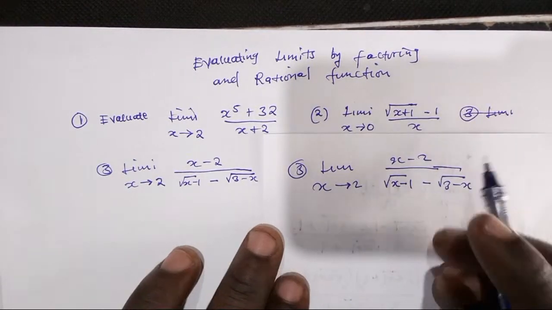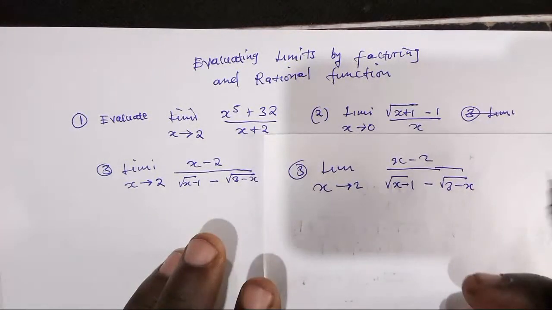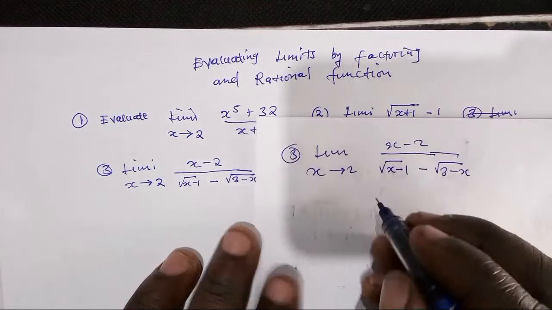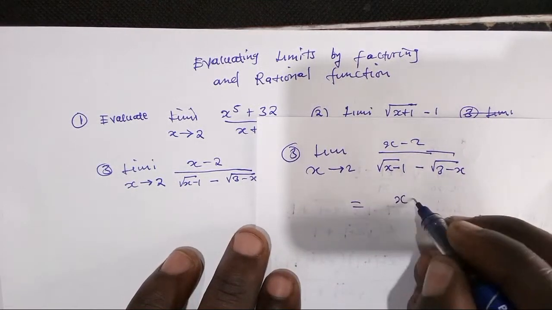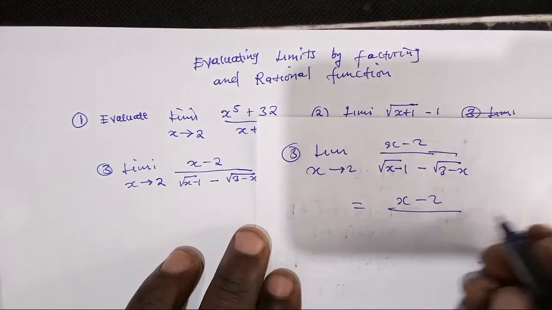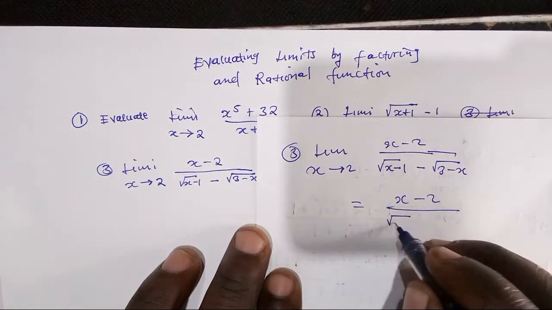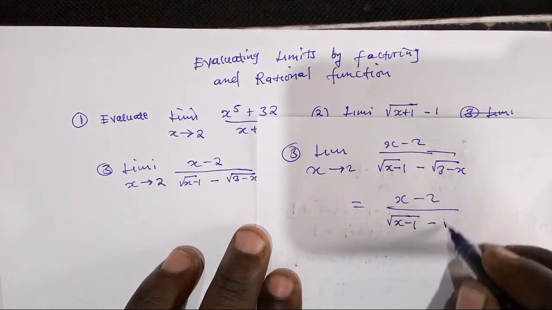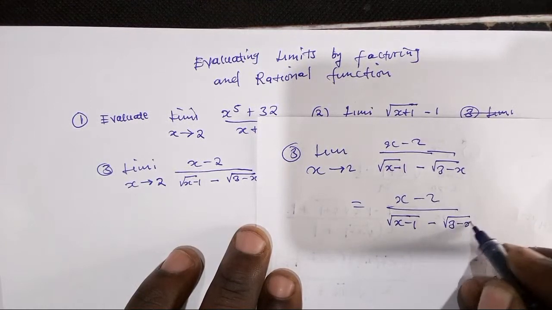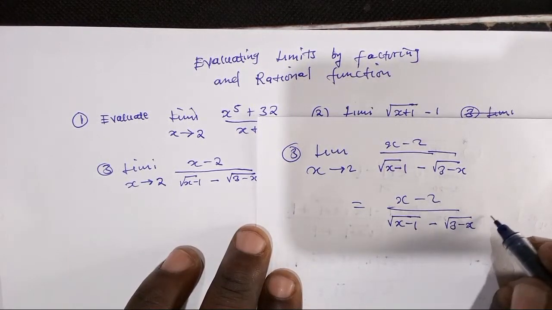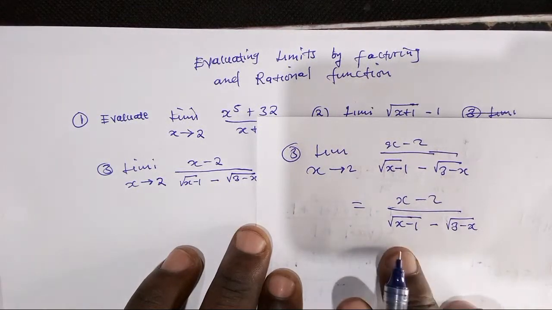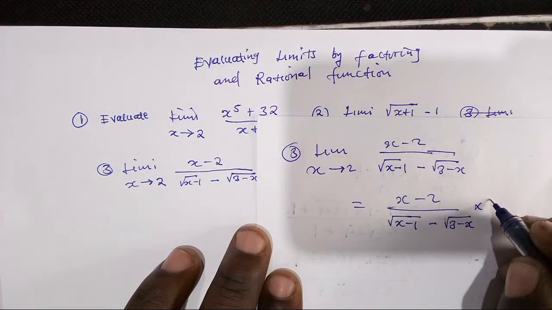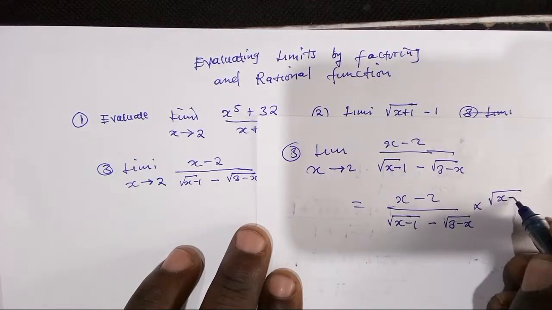So what you have to do here is look at the numerator, in which we are going to say it will be x minus 2 over root x minus 1, then minus root 3 minus x. Then you multiply by the conjugate of this one, on top and down, which is root x minus 1.